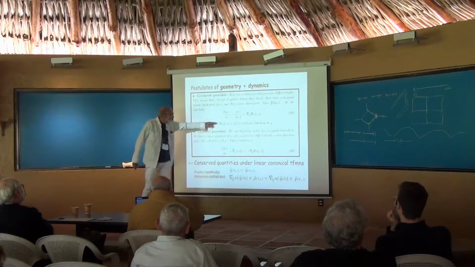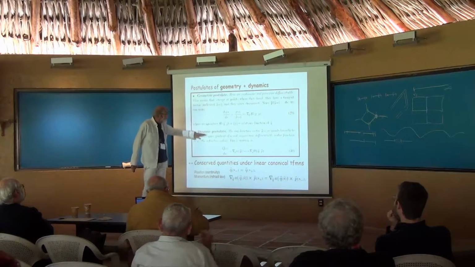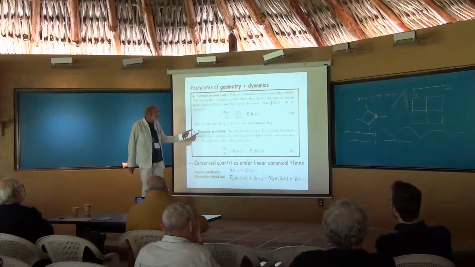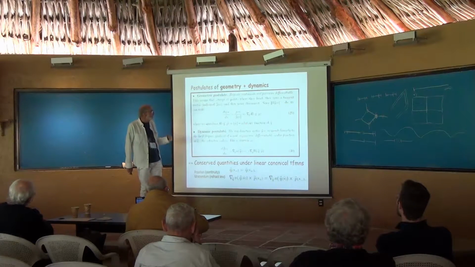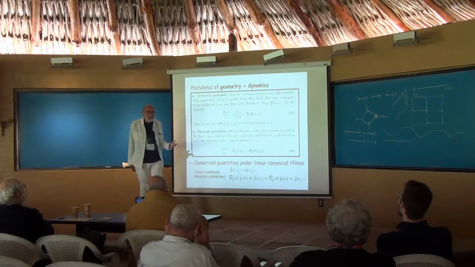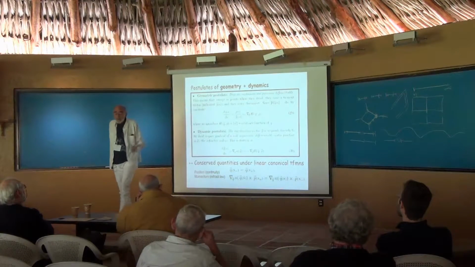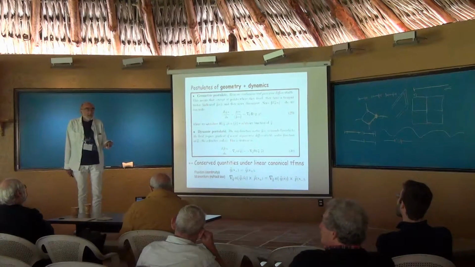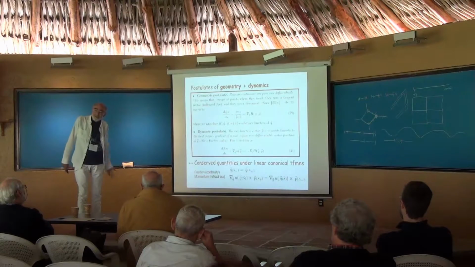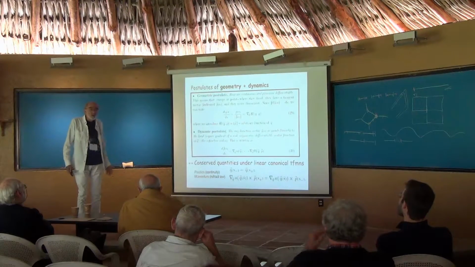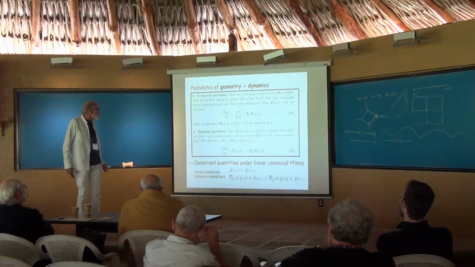So you introduce this Hamiltonian. Now, the dynamic postulate is when you say how the ray direction changes in linear response to the gradient of a scalar function over space called the refractive index.